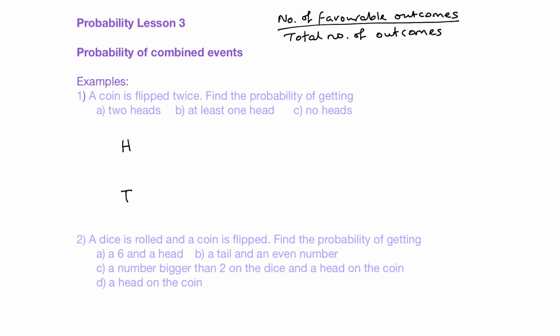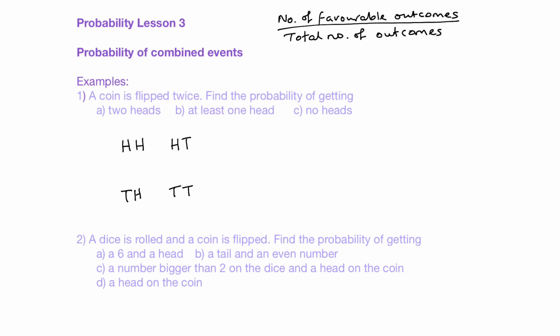So it's possible that the first one was a head and the second one a head. But also if the first one was a head, the second one could be a tail. Then, if the first one was a tail, the second one could be a head. And if the first one was a tail, the second one could also be a tail.